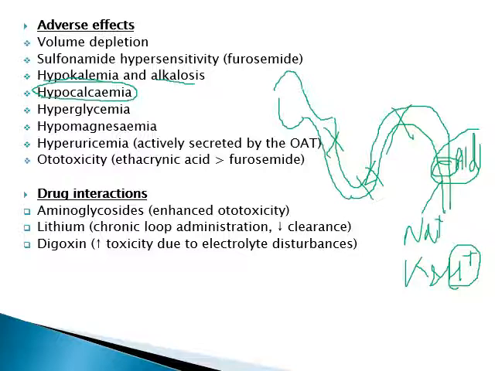And loop diuretics are also associated with impaired glucose tolerance that can cause hyperglycemia. And I have told you again, along with the calcium, magnesium will be lost, so hypomagnesemia. And hypomagnesemia is a risk factor for cardiac arrhythmias, so you have to look out for that.